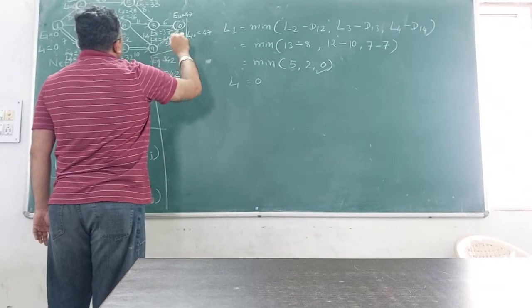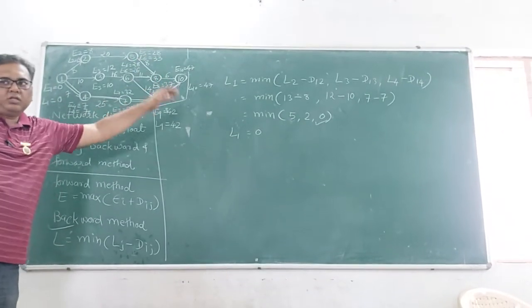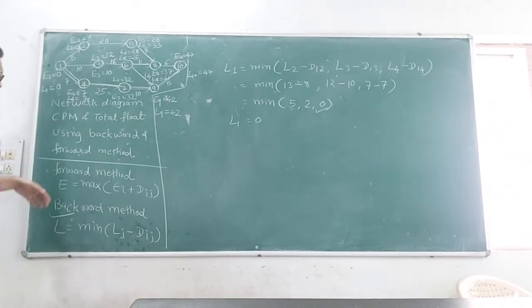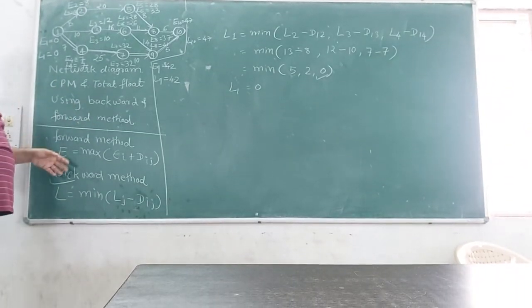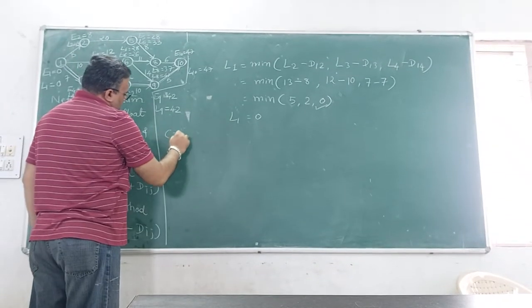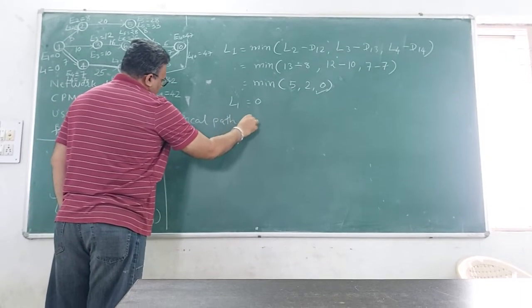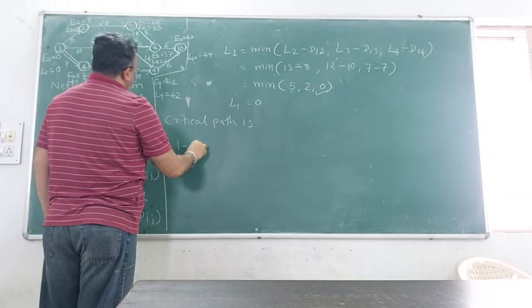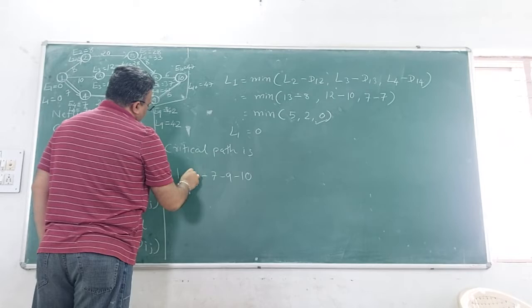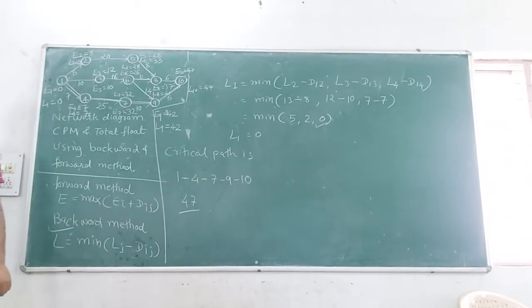So this is another way to find the critical path using the forward and backward method. In this example the final answer of the critical path is 1, 4, 7, 9 and 10, because its value is 47. Done.